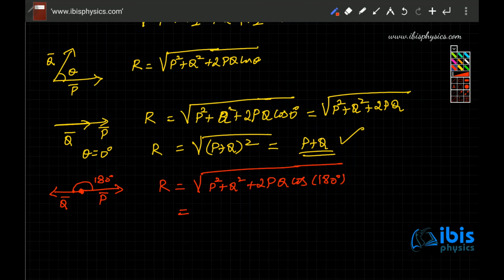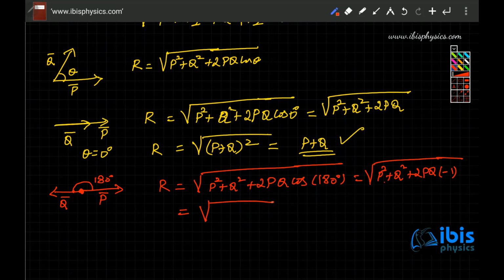Cos 180 degrees is minus 1, so minus 1 into plus 2pq is minus 2pq. So it is now p square plus q square minus 2pq.